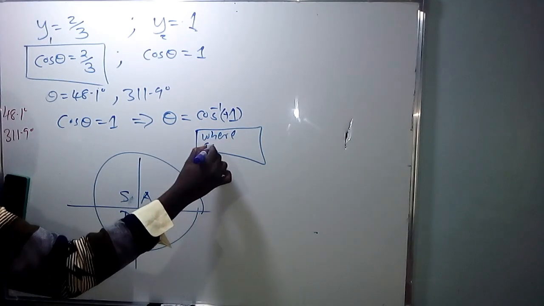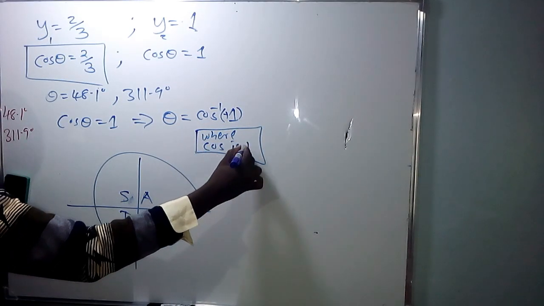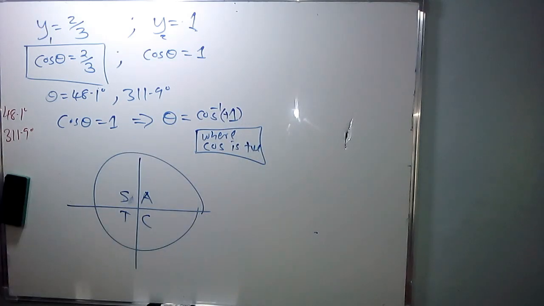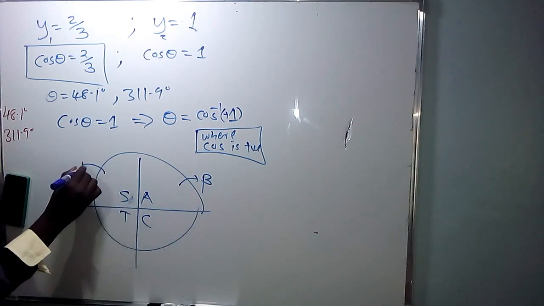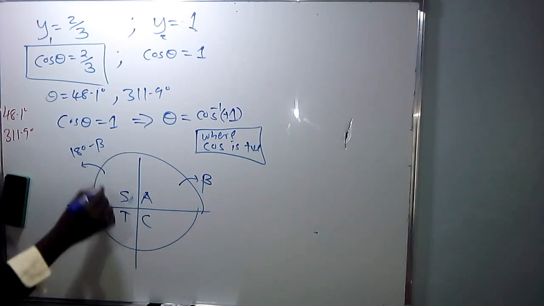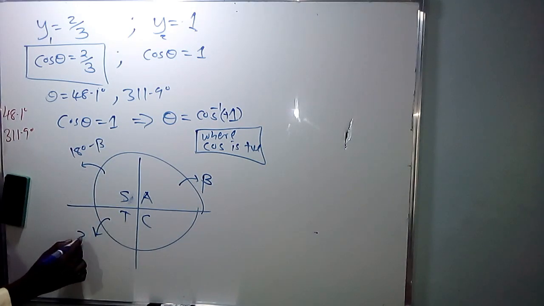What is the cos inverse of 1? The cos inverse of 1 is 0 degrees. Remember the trigonometric function is moving like that.